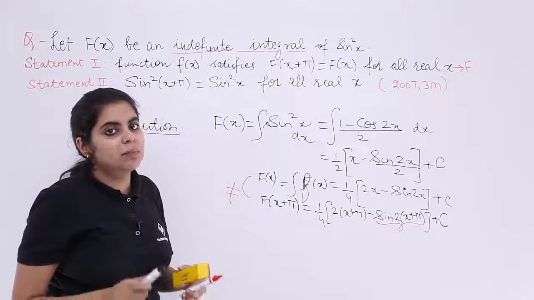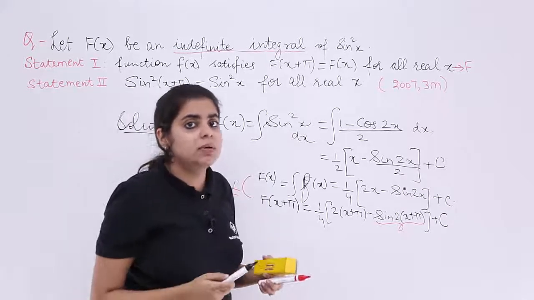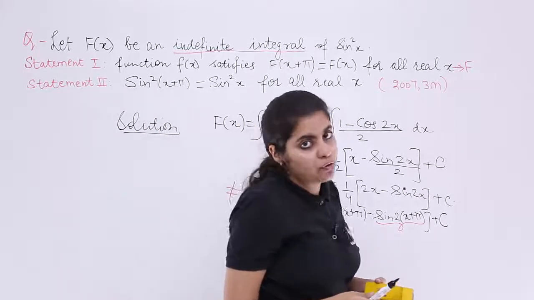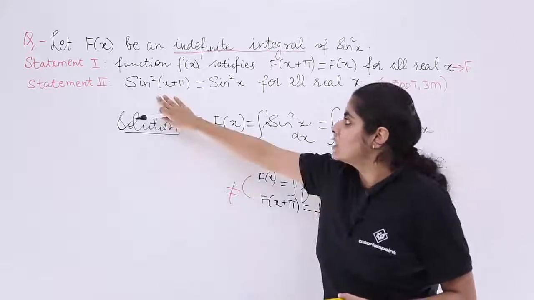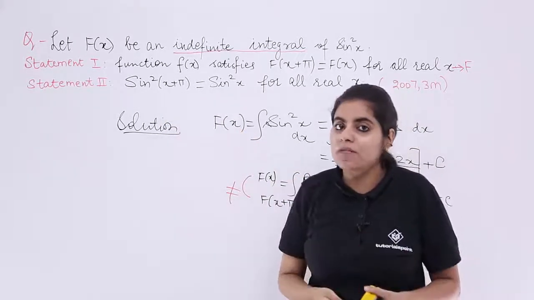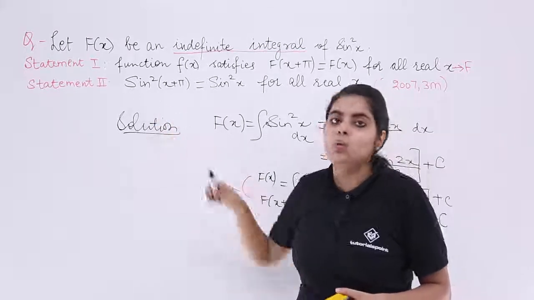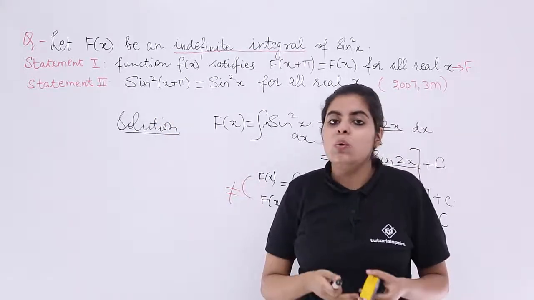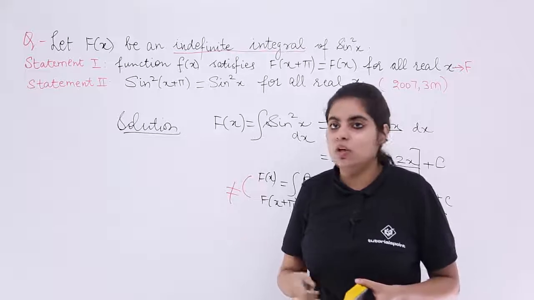What about statement number 2? We have to see whether statement number 2 is true or false. Let's read the statement. Sine square (x plus pi) is equal to sine square x. Now everybody knows that sine square x is a function which is periodic with the interval of pi.